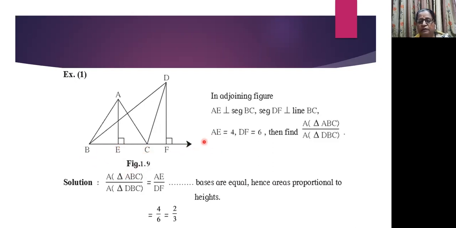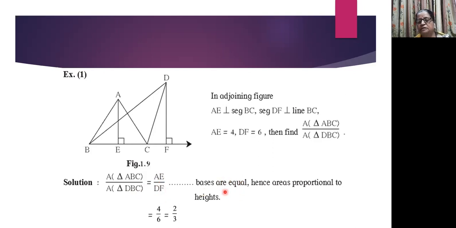The values of these are given. AE is equal to 4, DF is equal to 6. Then find the area of triangle ABC and the area of triangle DBC. The solution is that area of triangle ABC divided by area of triangle DBC is equal to AE divided by DF.